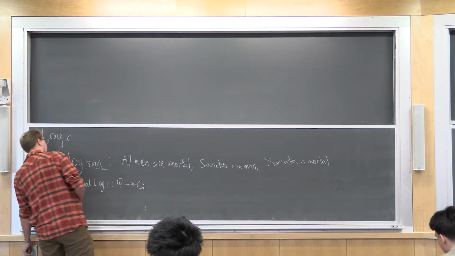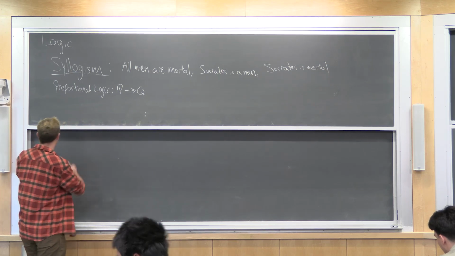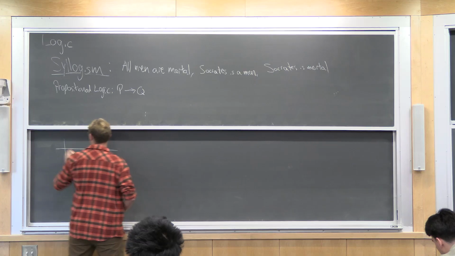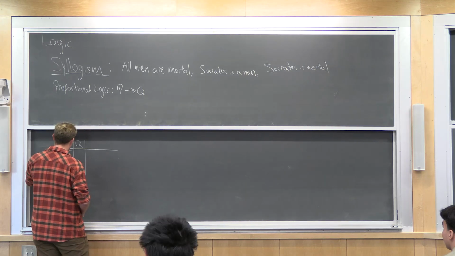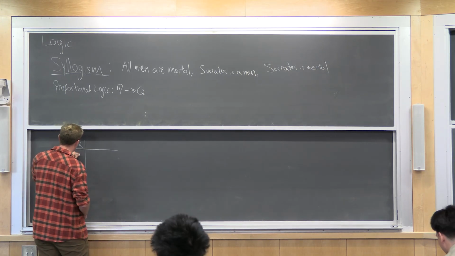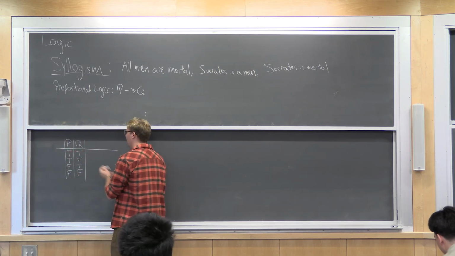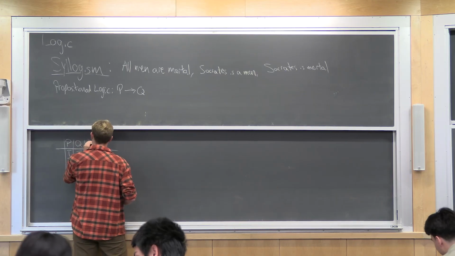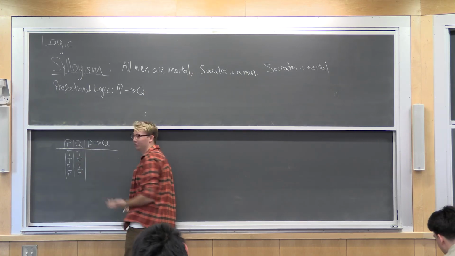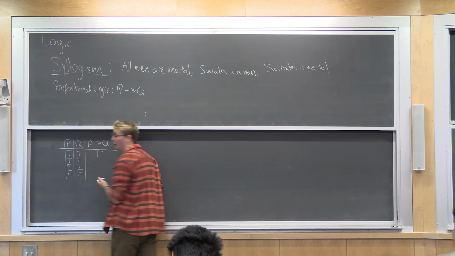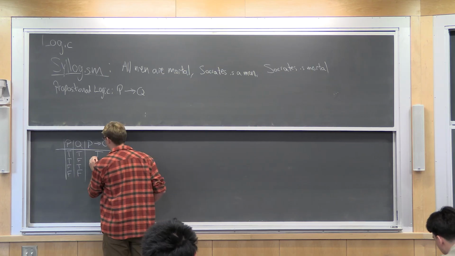And we can make that truth table here. So we can evaluate the statement P implies Q. So if P is true and Q is true, then it is true that P implies Q. If P is true and Q is false, then that implication is false.